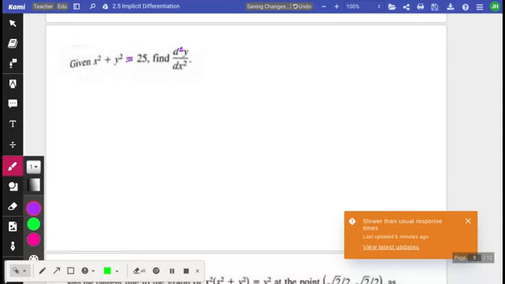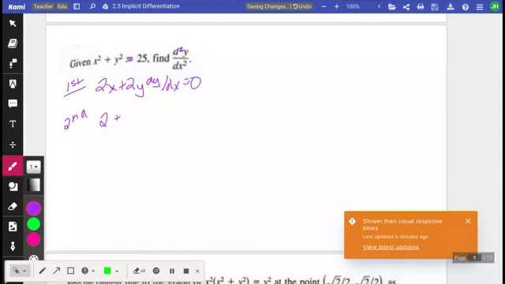So the first derivative is 2x plus 2y dy over dx equals 0. Derive it again, and then we'll have 2 plus, now this is where it does get a little different.